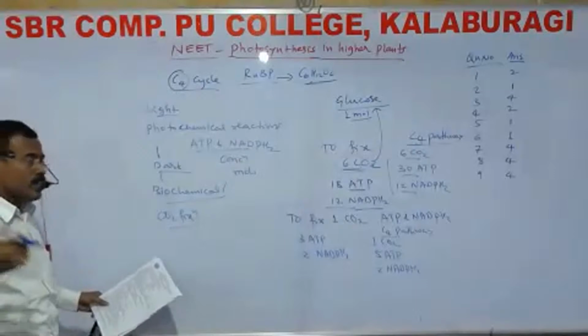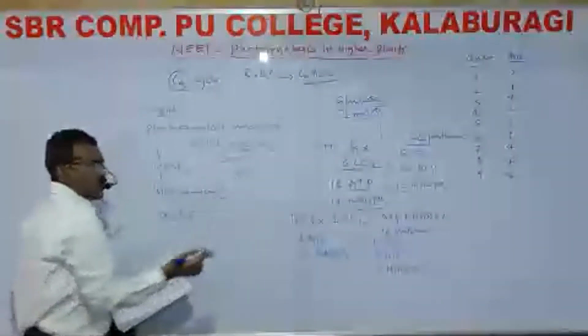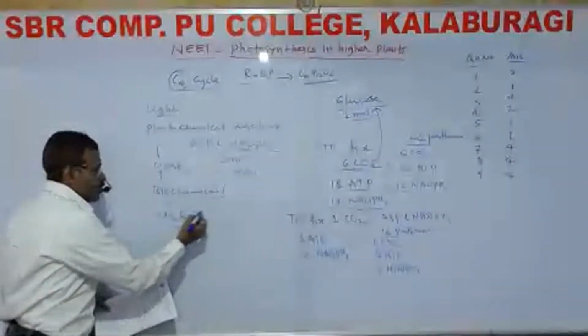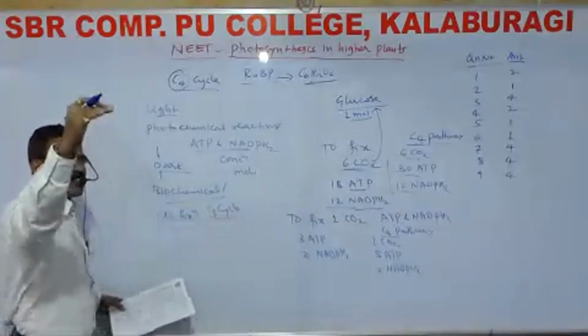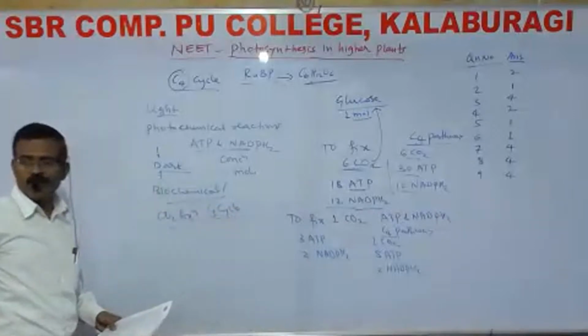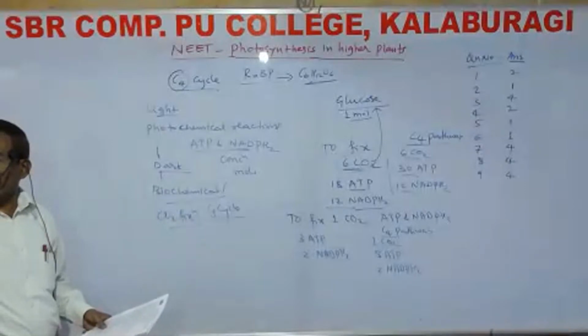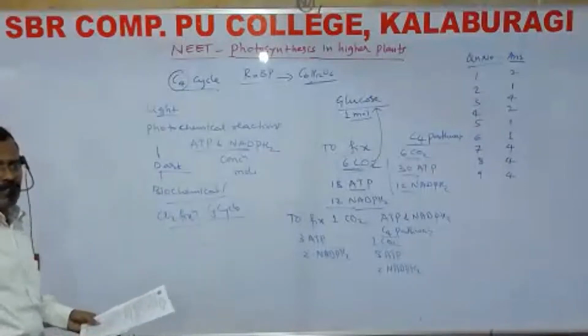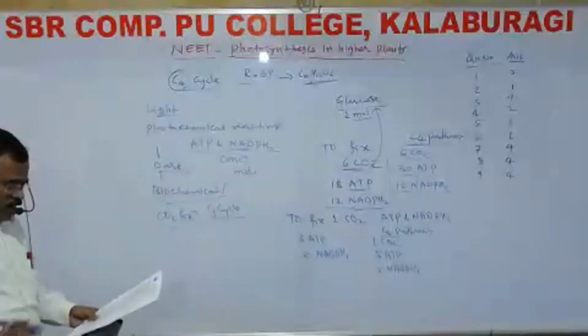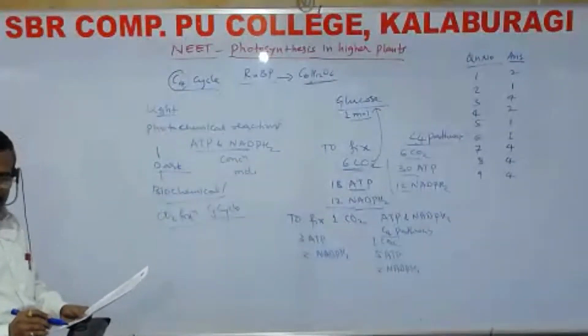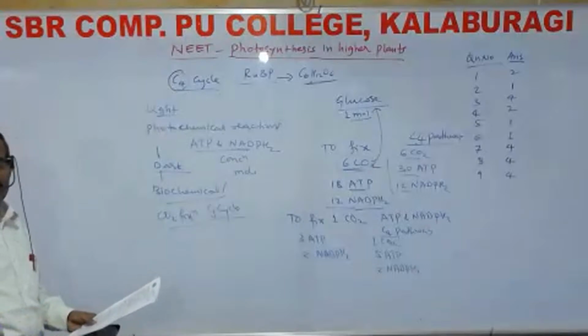Once all these ATP and NADPH2 are used in this C3 cycle, further there is no continuation of that reaction or C3 cycle. Once ATP and NADPH2 get exhausted, these are required for C3 cycle. Okay, so the answer can be: biosynthetic phase continues for some time and then stops.